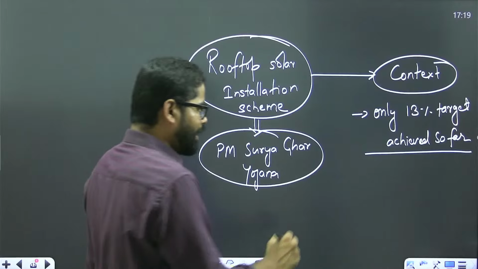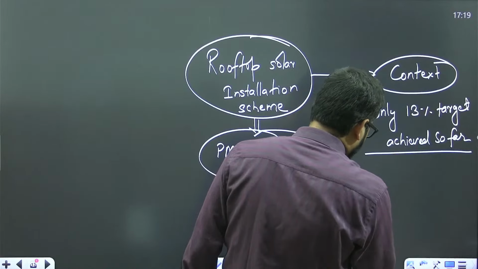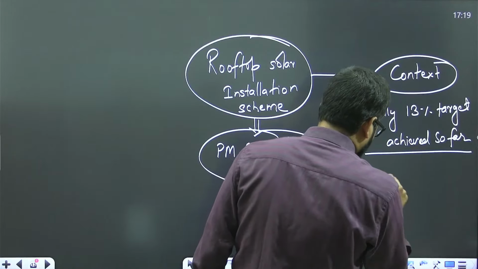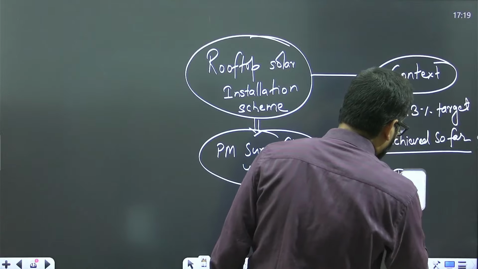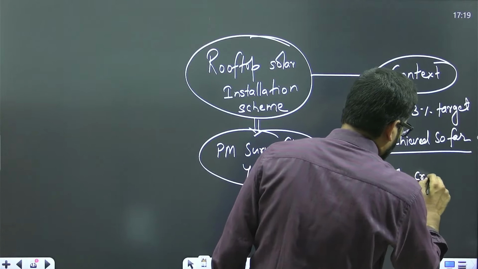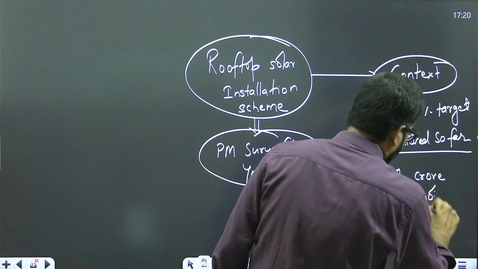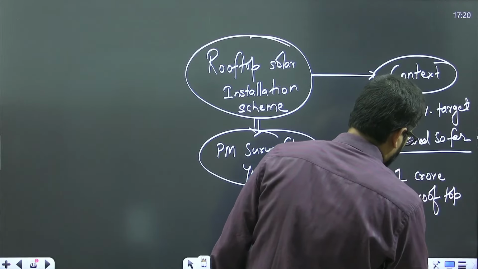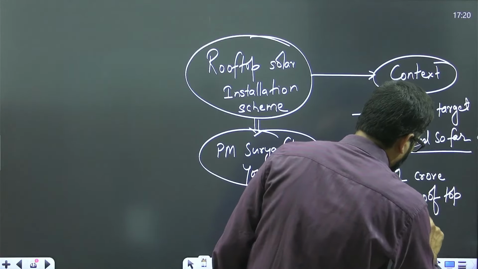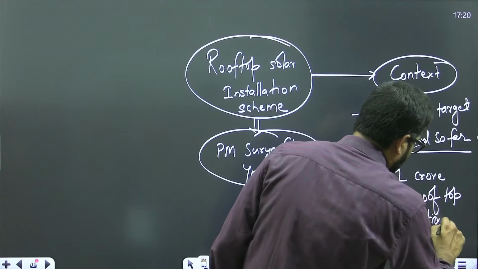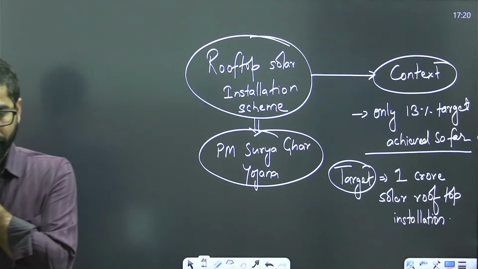What is the target in actual? The target is to have 1 crore solar rooftop installation. That is the target.